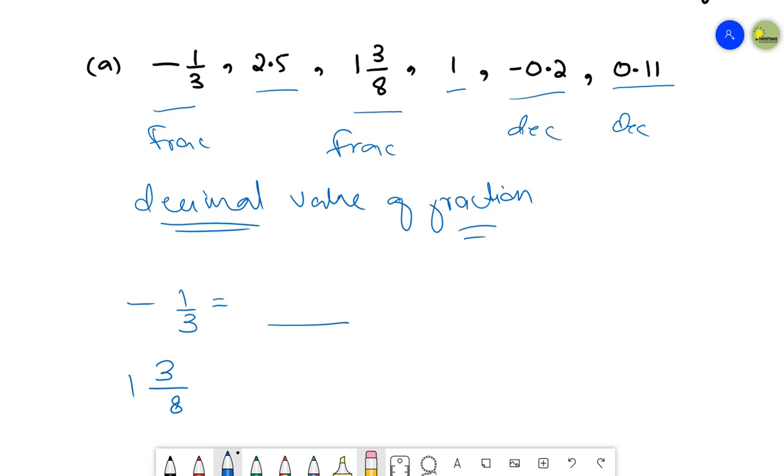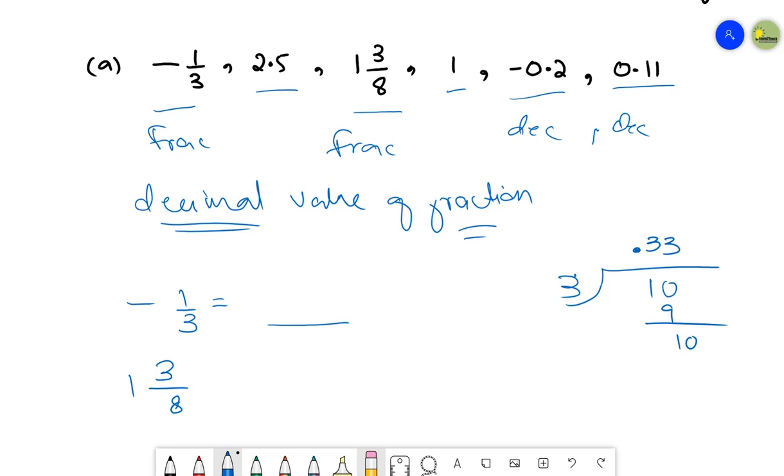So first of all, 1/3 means 1 will be divided by 3. We cannot divide 1 by 3, so we need to add a 0 over here, and for this 0, I must have a decimal point over here. So 3 3s are 9. Then I have 1. Again, you need to have a 0 over here.